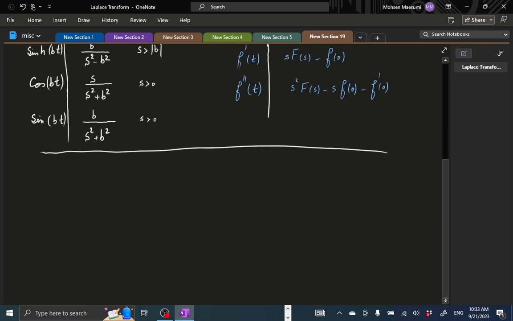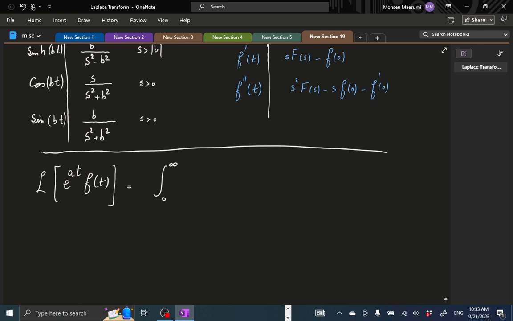So here the idea is the following. Suppose I have a function f of t, some function that happens to be in my table, and then I multiply it by some exponential, like exponential of 2t or 3t or in general at, and I want to find the Laplace transform of this. Well, you have to start from scratch, that is, use the definition.